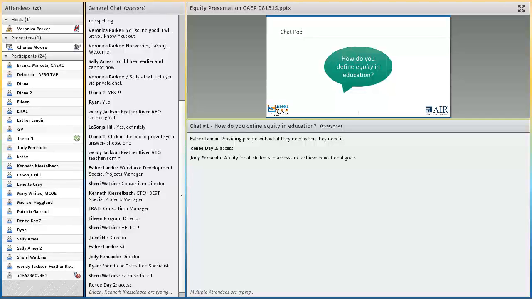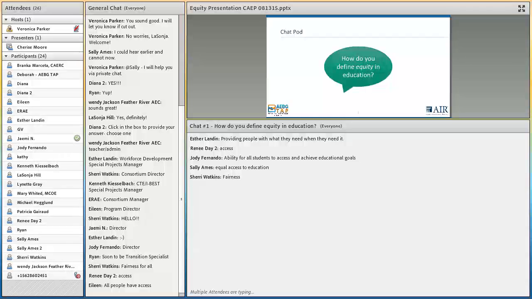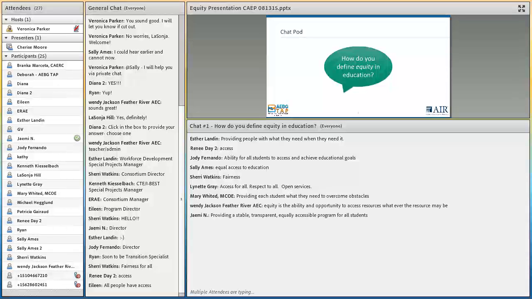I see fairness. I see access. Esther, very good. What they need when they need it. Equal access. What they need to overcome obstacles.